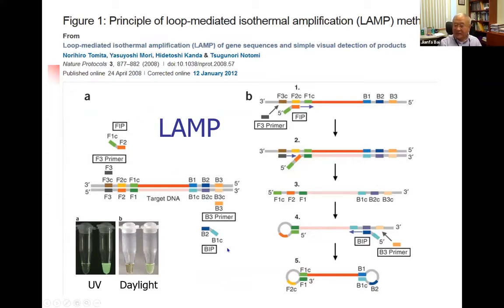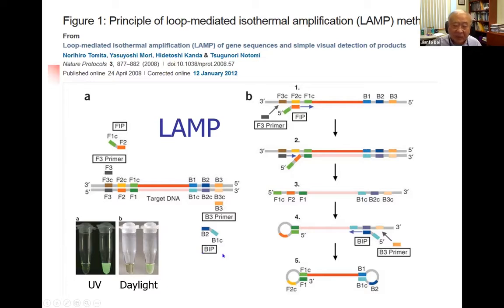You do not need a sophisticated machine. You can just do it at a constant temperature. The enzyme functions at that temperature. And after that, if you have UV light, it is very clear which one is positive, or even under daylight, you can tell the difference between positive and negative.